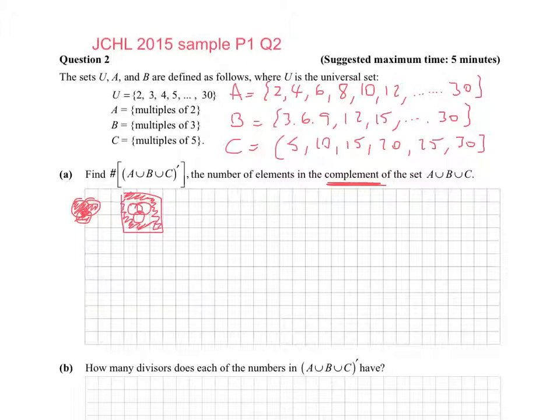Starting with 2, 2 is in A, so we can straight away ignore that. 3 is in B, 4 is in A, 5 is in C, 6 is in B, 7 is not in any of them, so 7 will be one of our values. So you can start listing them, and once we've worked out how many there are, we can carry on doing that.